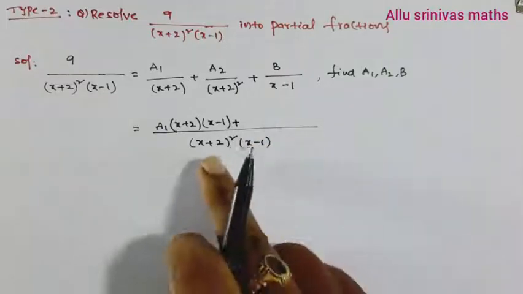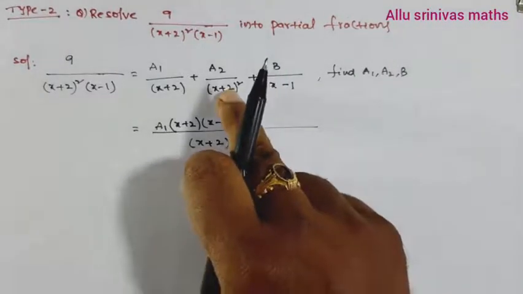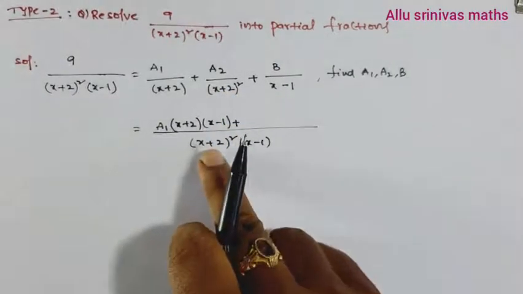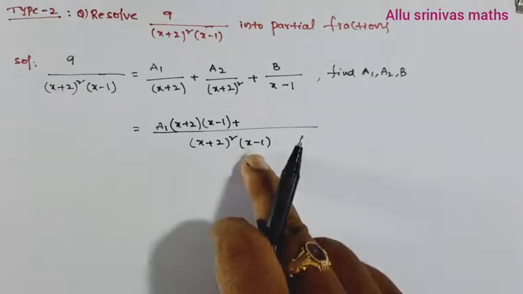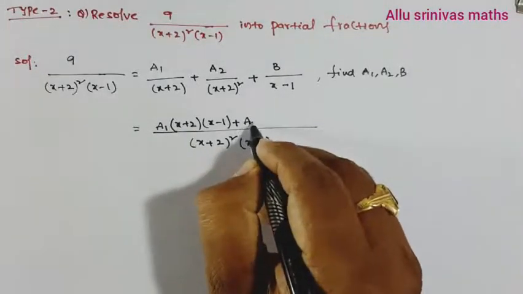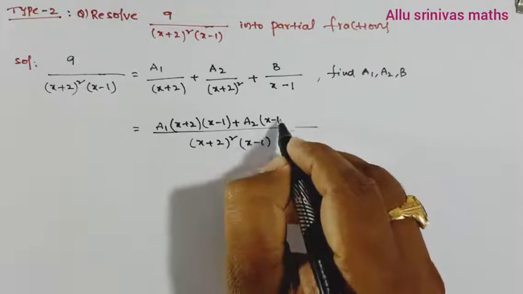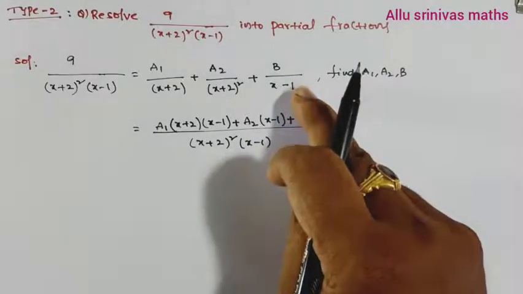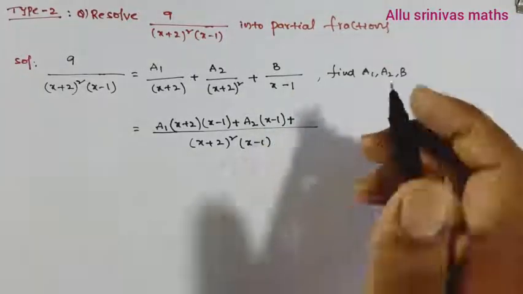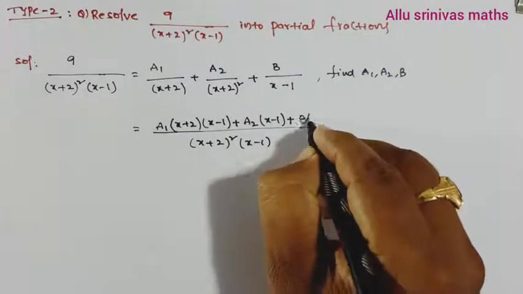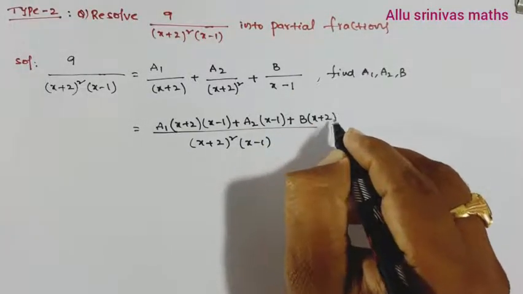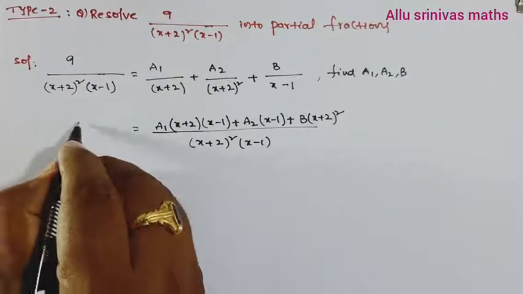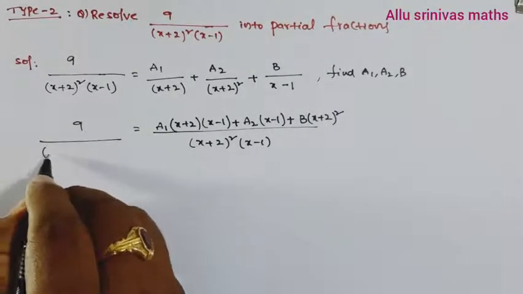Plus, if this is divided by x plus 2 whole square, x plus 2 whole square cancels, then you get a2 times x minus 1. If this is divided by x minus 1, x minus 1 cancels, and you get b times x plus 2 whole square, and write the LHS.